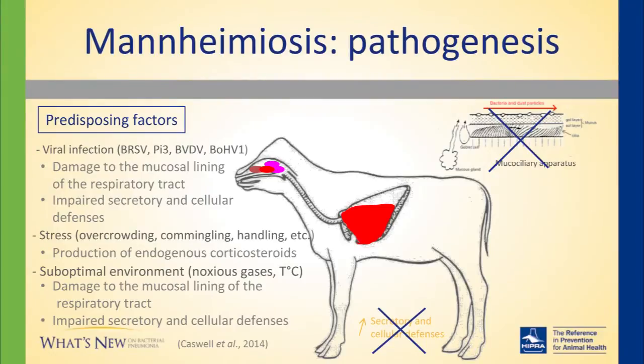Stress also will create production of endogenous corticosteroids that will in turn impair the cellular and secretory defenses. And finally, you've got the suboptimal environment, noxious gases, high variation in temperature that will also damage the mucosal lining and impair secretory and cellular defenses.